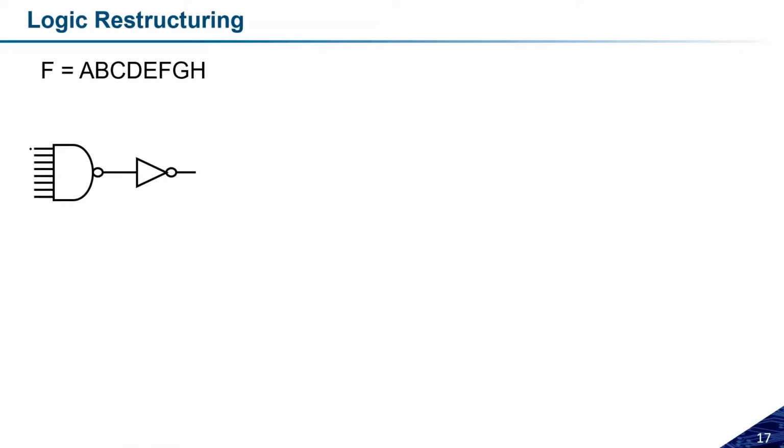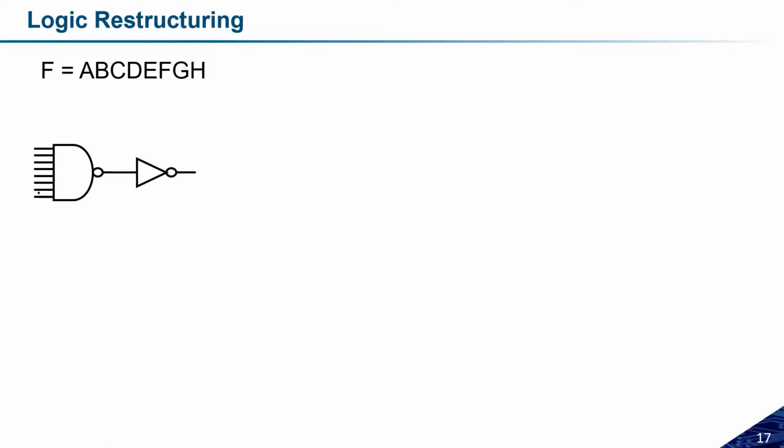If I have, say, 8 inputs, then for a particular technology this NAND gate might not be able to sustain 8 inputs. If I have more inputs, the delay will be higher, as we understood in the previous slides.